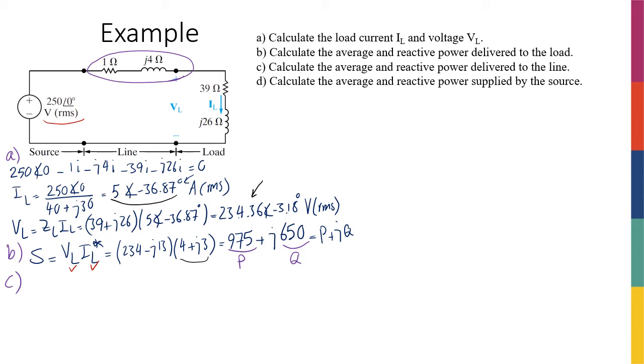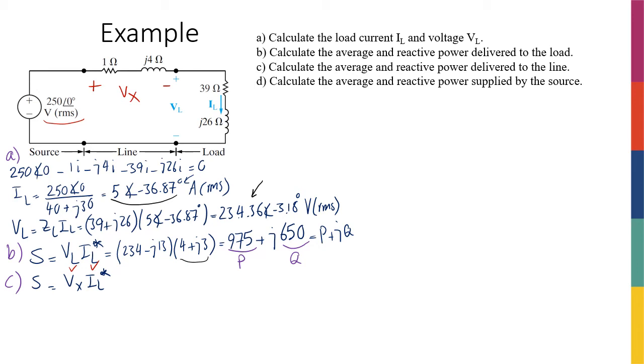So one way to do this is basically using the same thing that I did in part B, meaning that method number 1 would be calculating this voltage, let's call it Vx, and then S is going to be equal to Vx times IL complex conjugate, right?